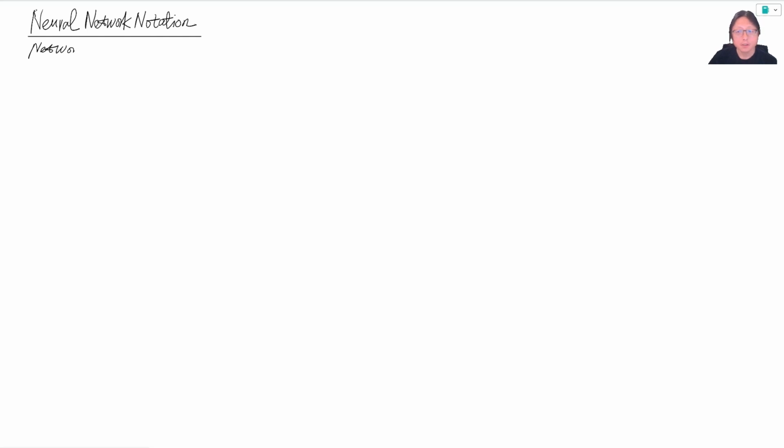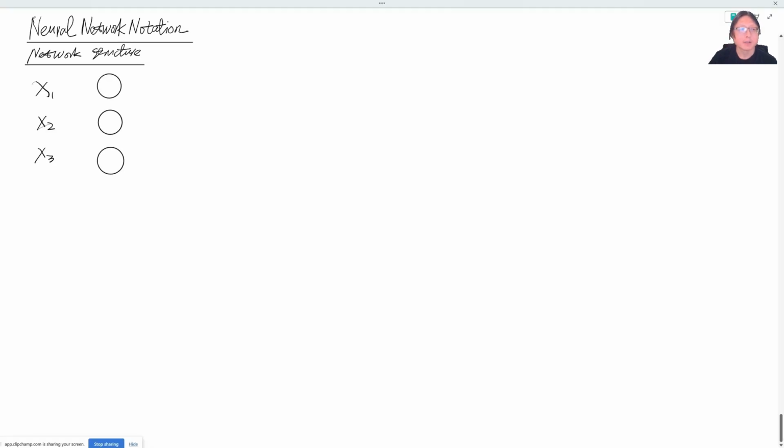First, as an example, we will draw a very typical neural network structure, and we will write all the basic notations there. And after we finish demonstrating the network structure, we will explain each of the notations in detail.